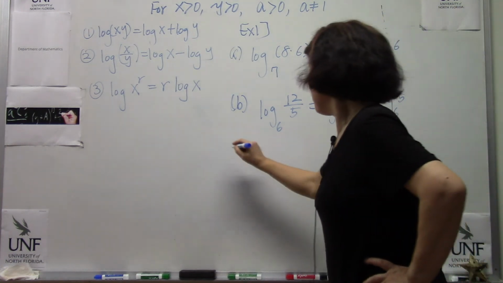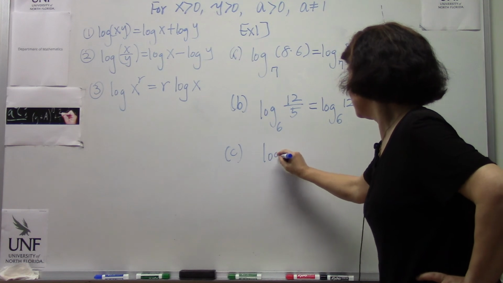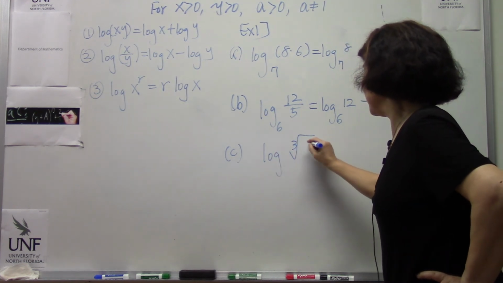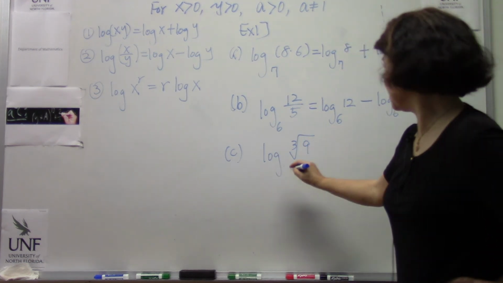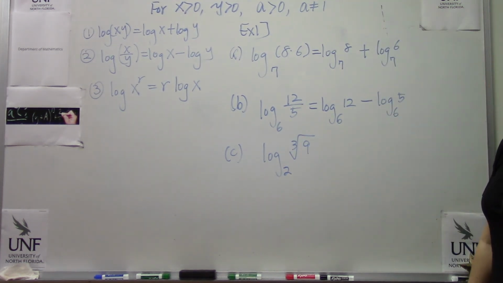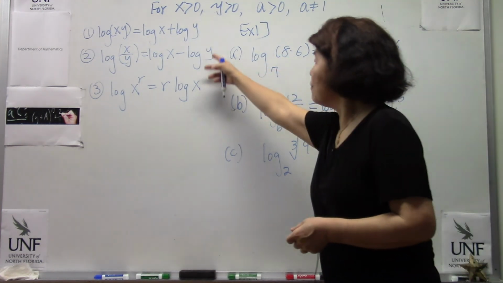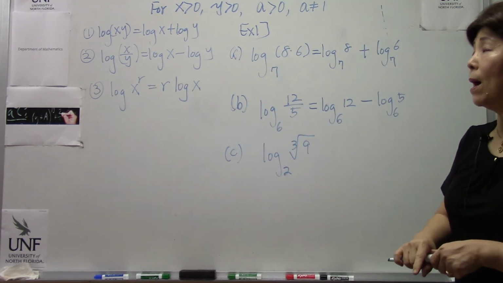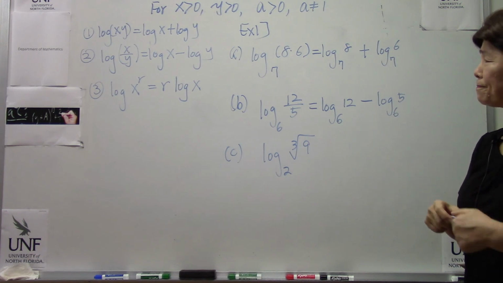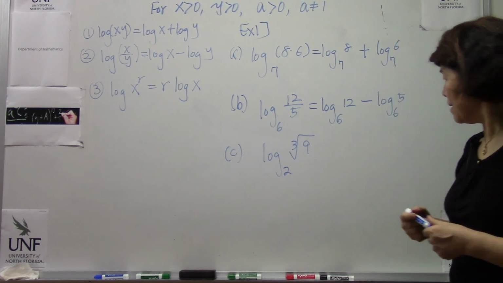Part C is log of the cube root of 9 to base 2. And you pause over here. Wait a minute. So far we didn't see any radicals, whether a square root, cube root or fourth root. So what kind of property are we going to use? Well, think about it.